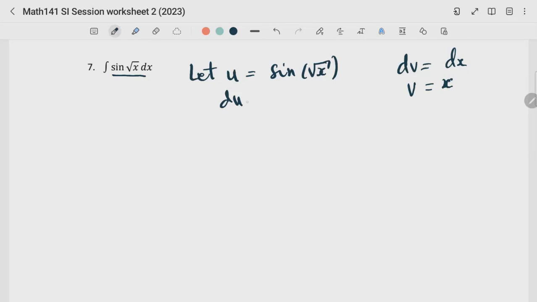And du is equal to the derivative of that, which is 1 over 2 root x multiplied by cos of root x, right? Yeah, the chain rule, which you guys should be familiar with.